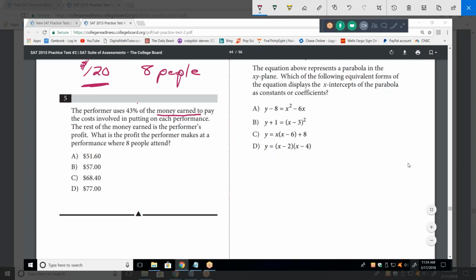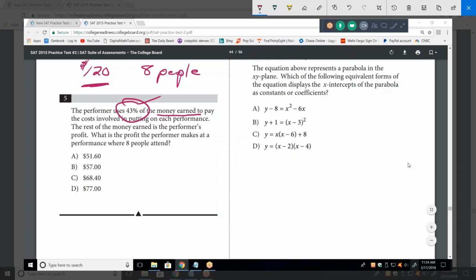Okay. He uses 43% of that to pay costs. The rest of it is his profit. How much percent is his profit? So his profit's going to be... Hold on. Is it still A?